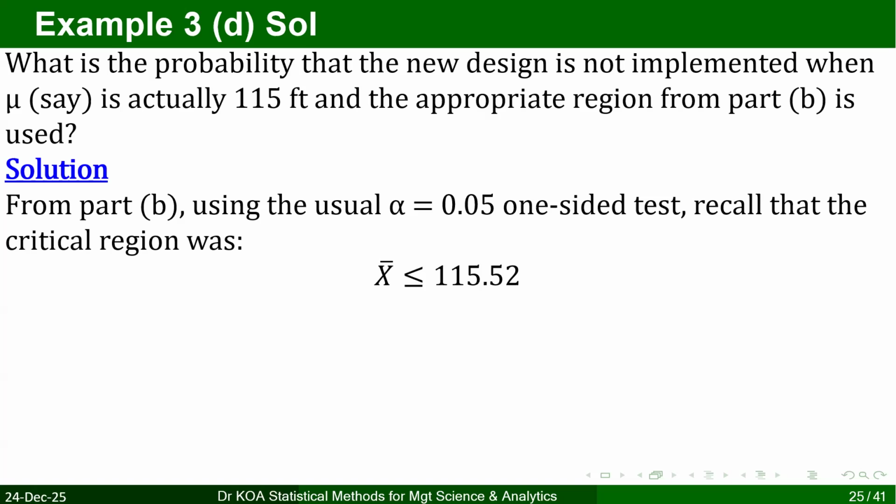Now, what is the probability of not rejecting a false null? What type of error is that? That's a type 2 error. So actually what we're looking for is a type 2 error.